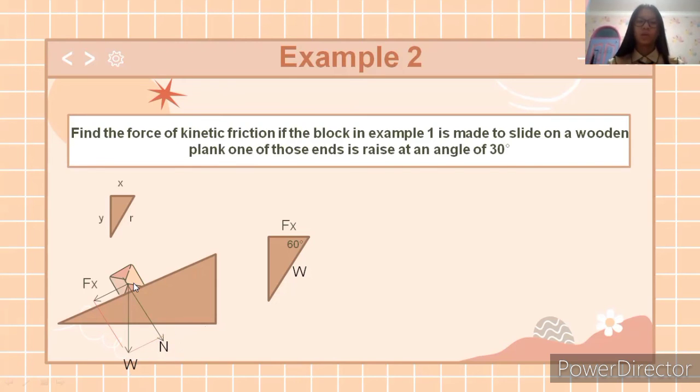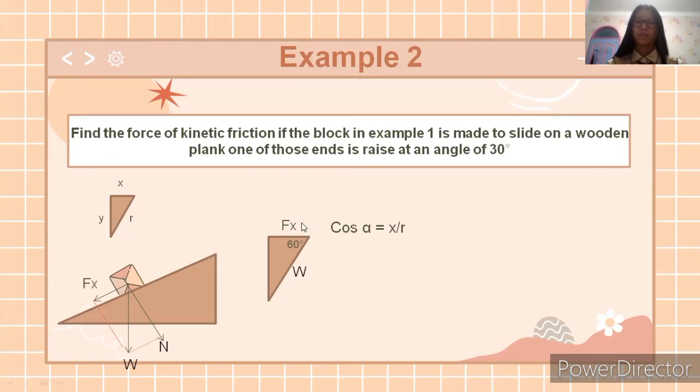To find N, we are going to use Pythagoras, but we need Fx. So first, we are going to find Fx by using cosine. Cosine alpha is equal to x over r.